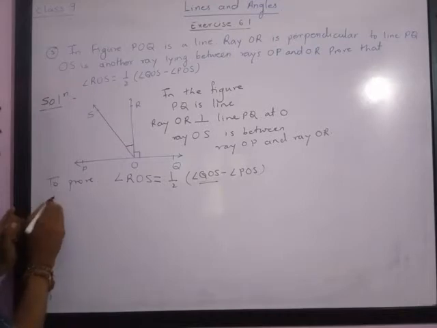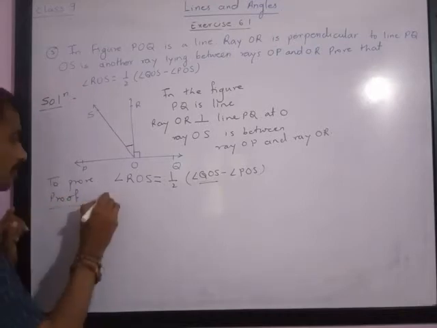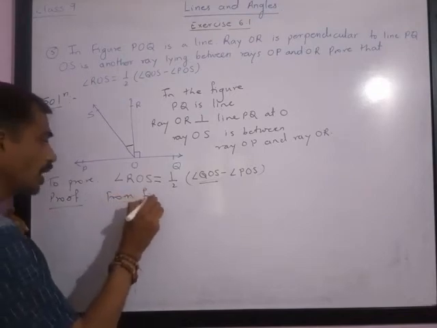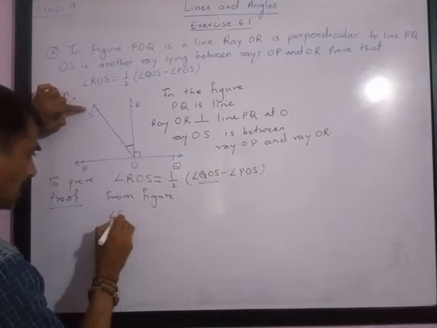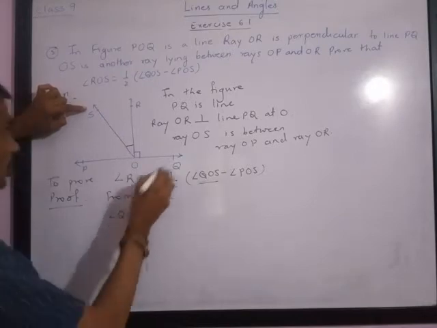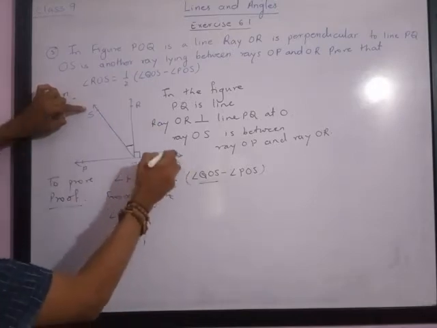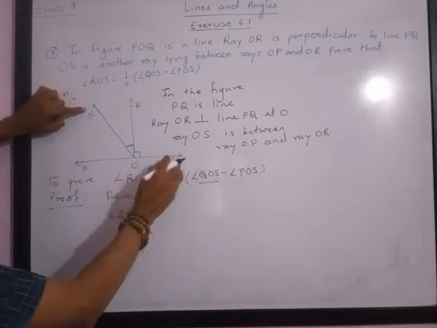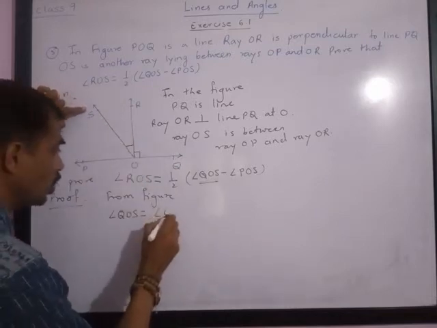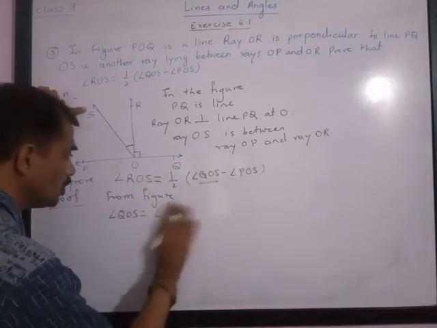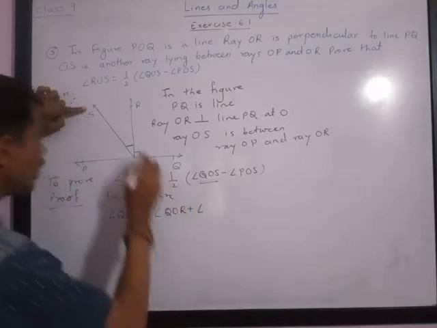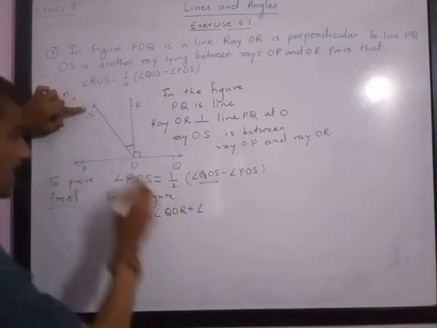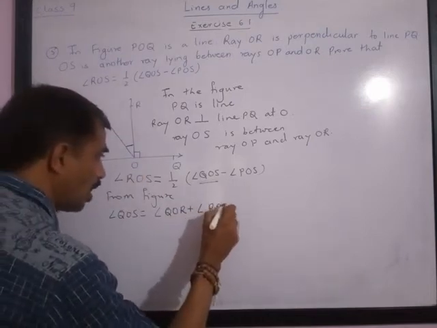Solution, or you can say proof. From the figure we can observe that angle QOS is equal to angle QOR plus angle ROS.